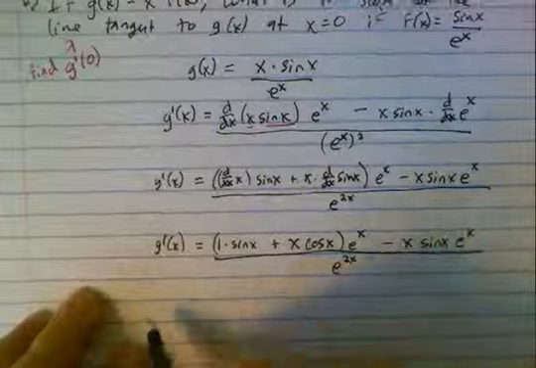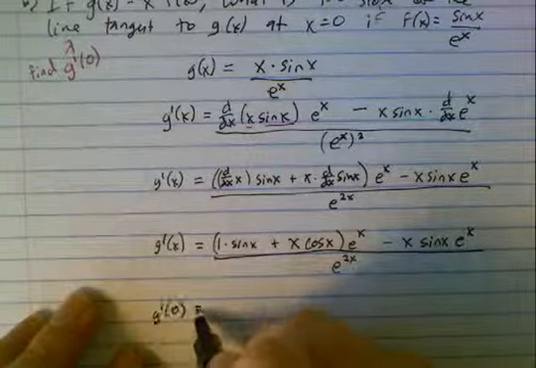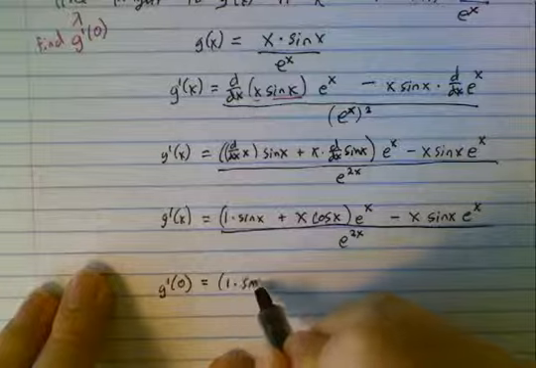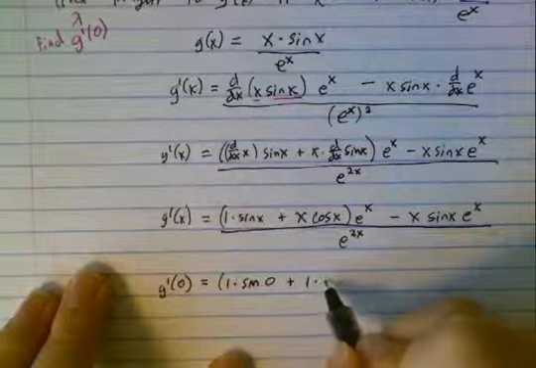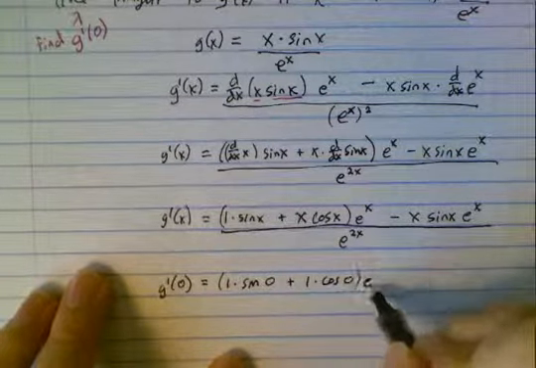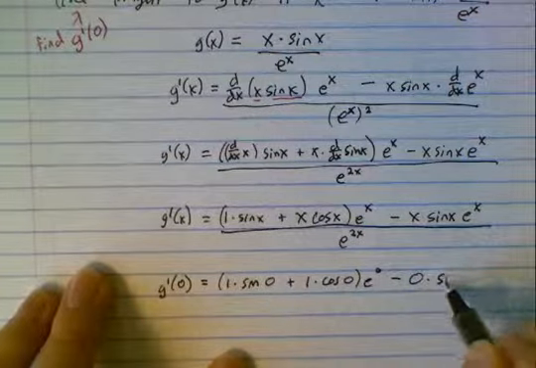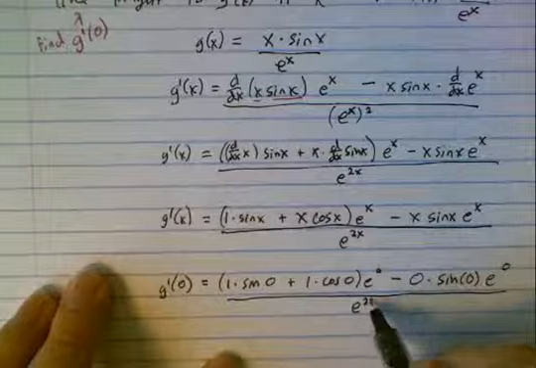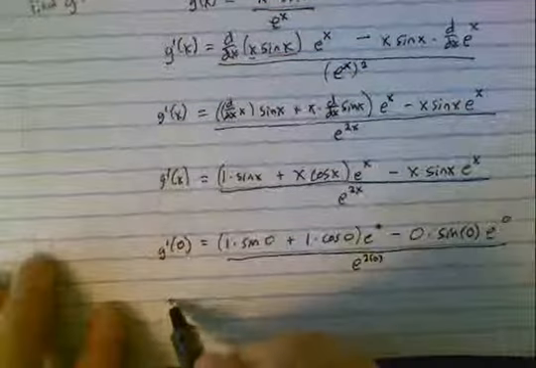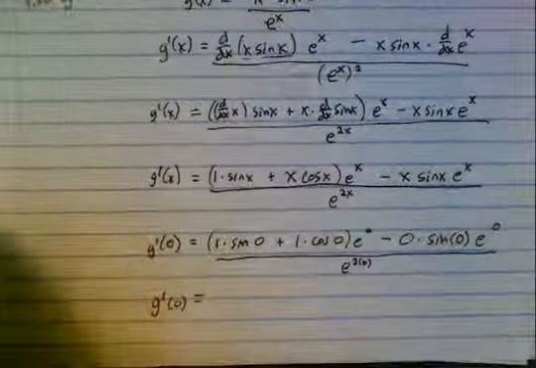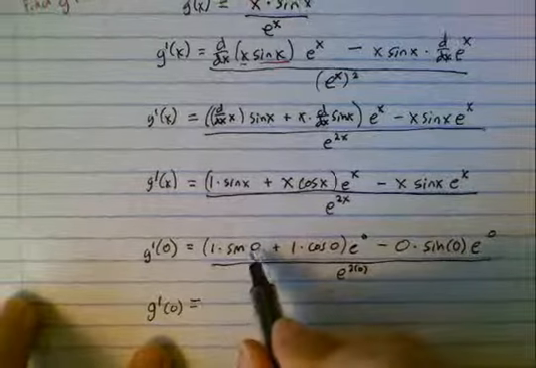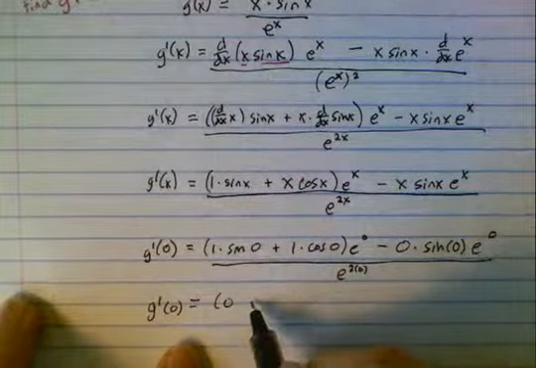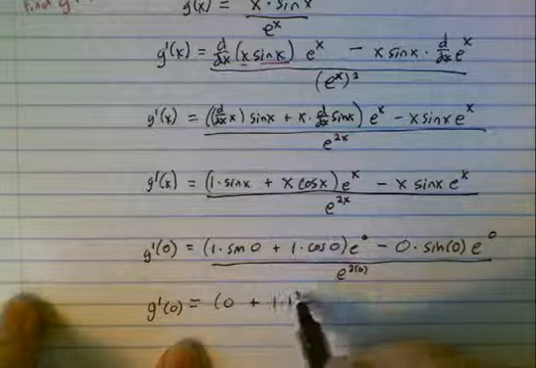And now we're looking for g prime of 0, so we can do that. Sine of 0 is 0. Cosine of 0 is 1.